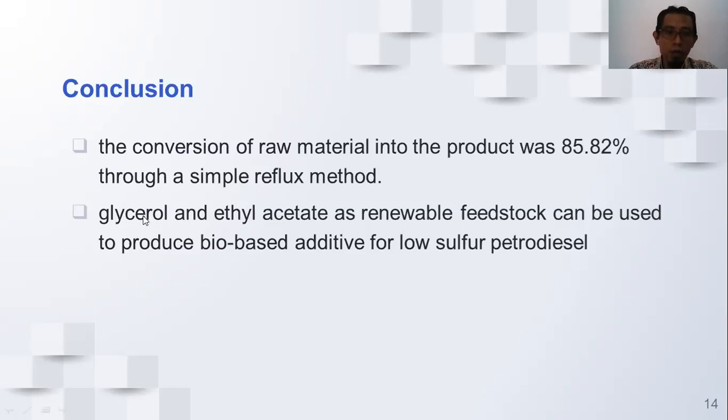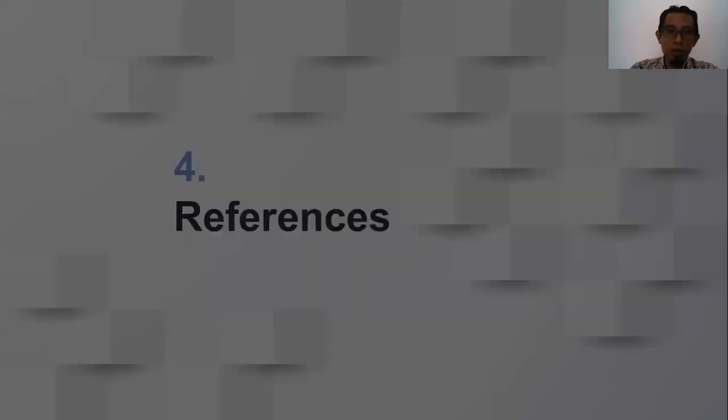The second, glycerol and ethyl acetate as renewable feedstock can be used to produce bio-based additive for low sulfur petrodiesel. So from this work, we have successfully synthesized acetin as bio-based additive for low sulfur petrodiesel.